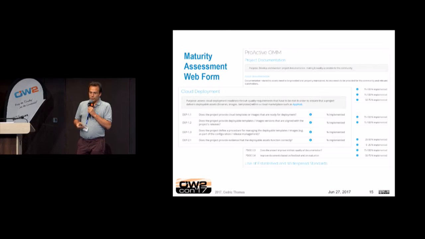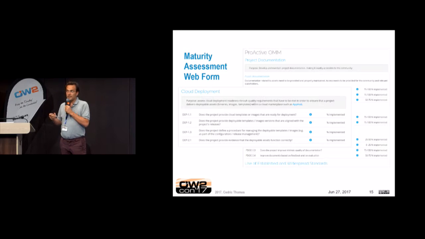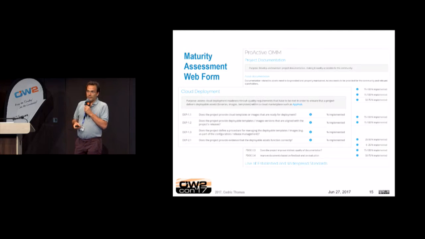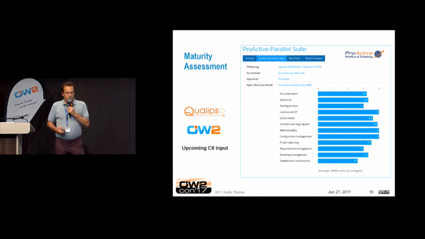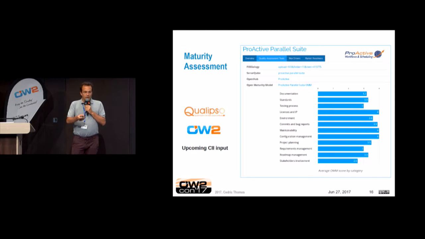It's a way to check where they are in terms of open source best practices in their day-to-day management of the project. The scores obtained when filling in this form are available as a histogram that you can see on this slide.